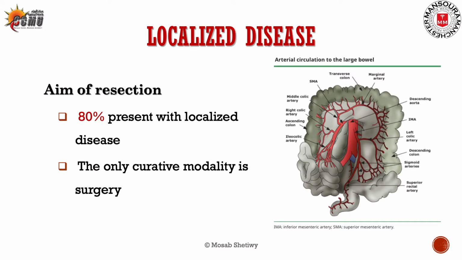So let's start with the localized disease. The aim of resection of colon cancer is to completely remove the invasive tumor, its major vascular pedicle, which contains or is surrounded by lymphatics and lymph nodes to this affected segment. 80% of the cases of colorectal carcinoma present with localized disease, and only 20% at presentation show distal metastasis.